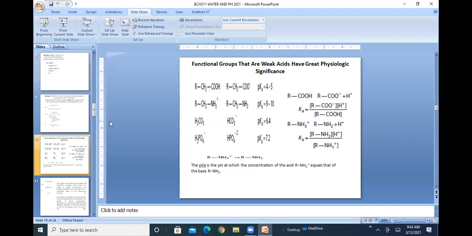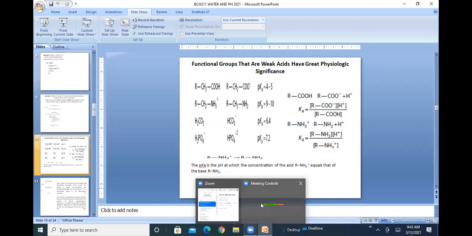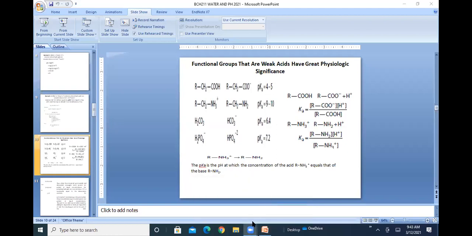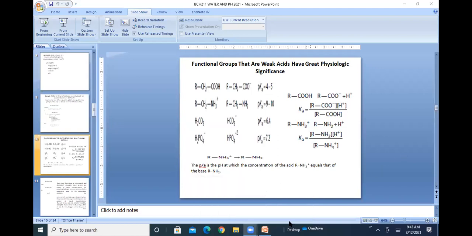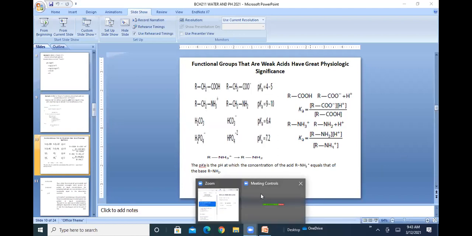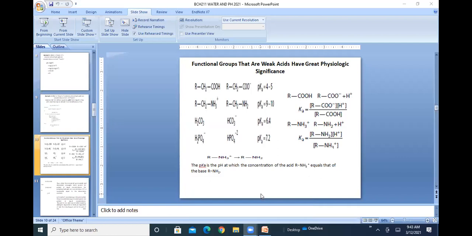As this dissociation continues, at a point in time, the concentration of the base and that of the acid will be equimolar. At that point, it could be said that the pH is equal to pKa.